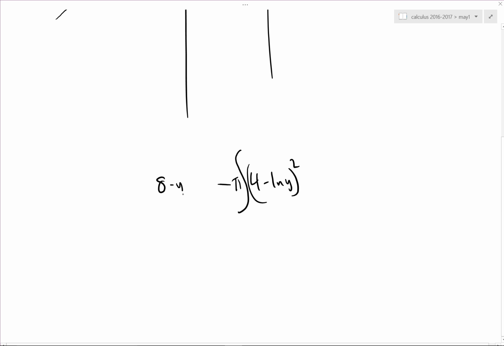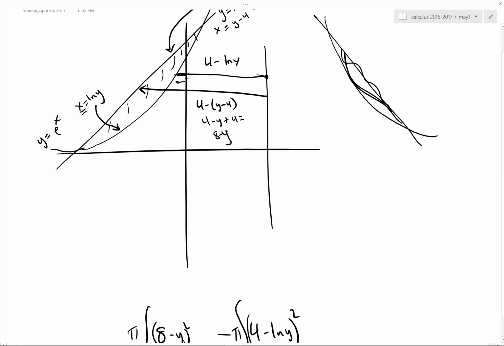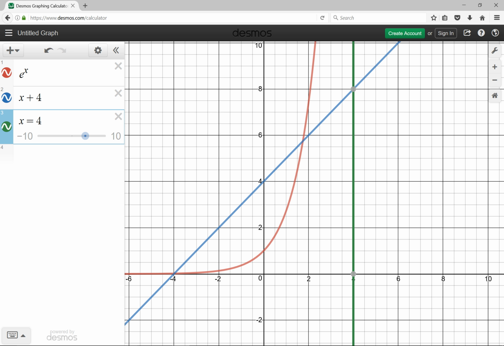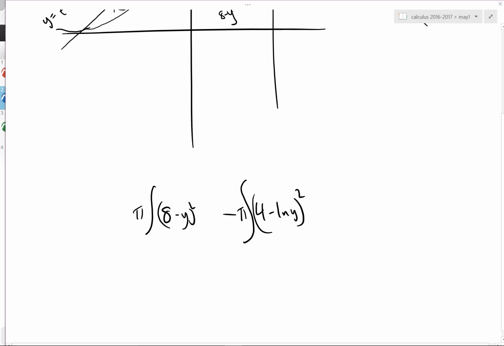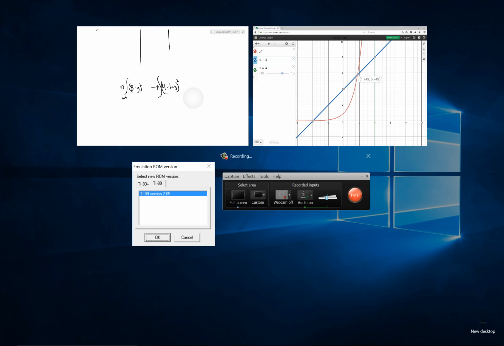Good for me. And where are you going to integrate from, Mr. Grimm? Well, we're doing it in y's, and our y's went from 0.019 to 5.749.